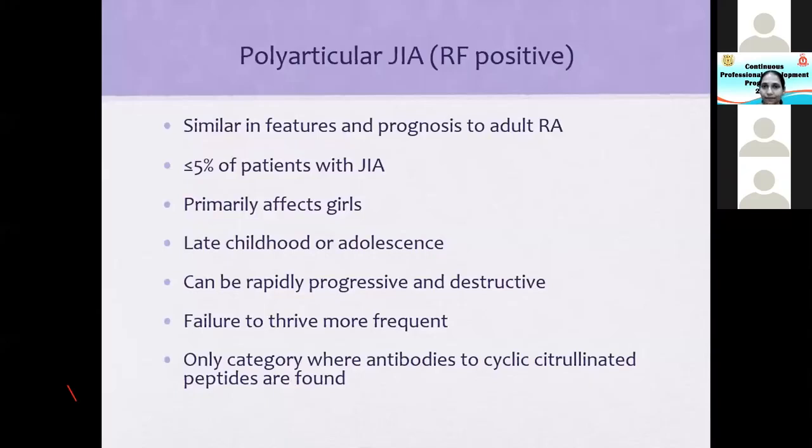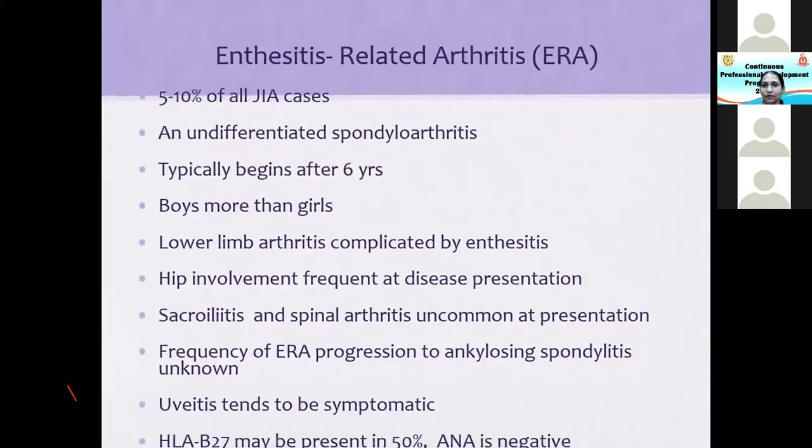Now, the next subset that we would be talking about is enthesitis-related arthritis. Again, this is an undifferentiated spondyloarthritis. It typically begins early in the disease and is more common in boys. Lower limb joint involvement as well as enthesitis can be seen.